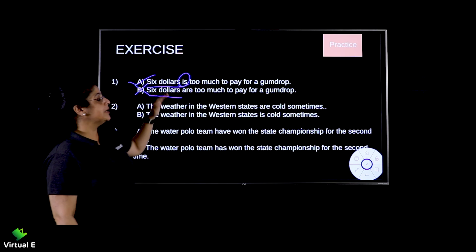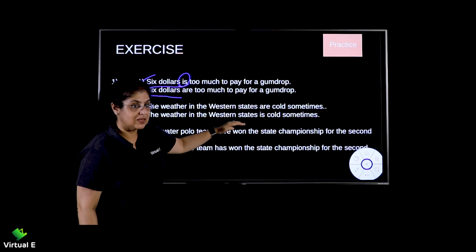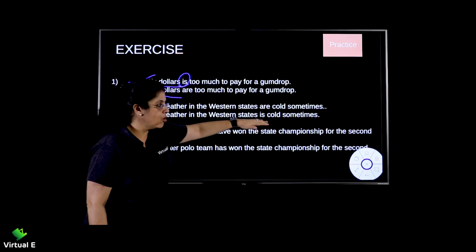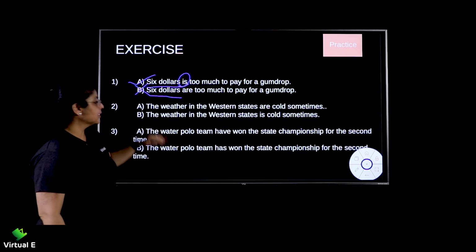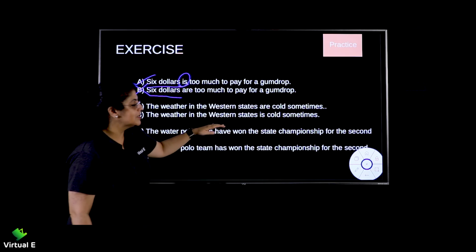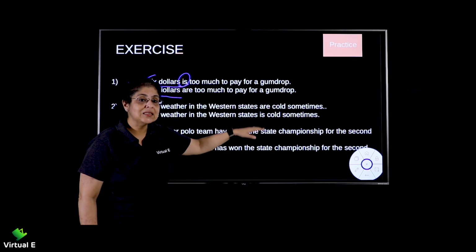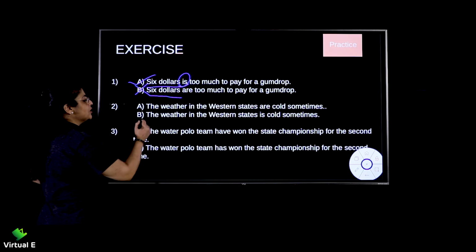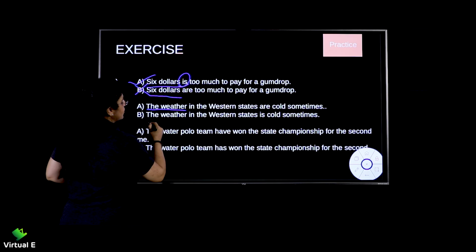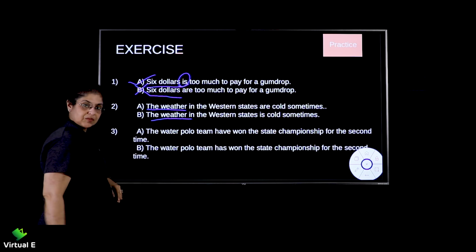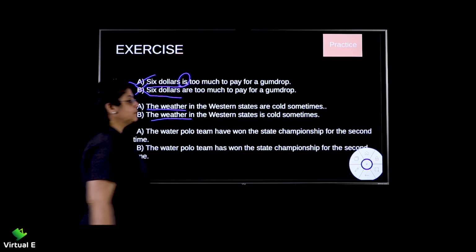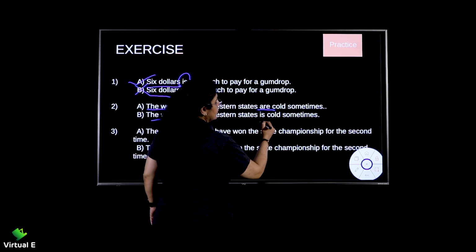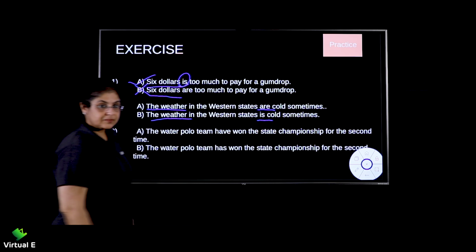The weather in the western states are cold sometimes. The weather in the western states is cold sometimes. Now, let's look at this. What are we talking about, by the way? We are talking about the weather, right? Now, which is the verb here? The verb is are or the verb is.